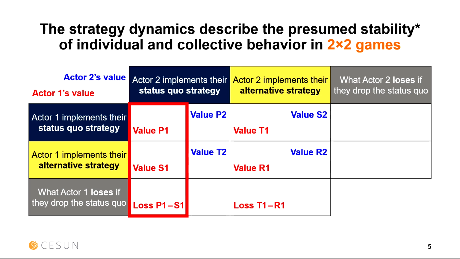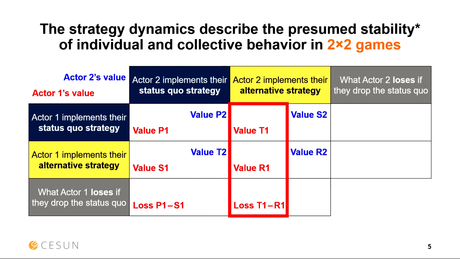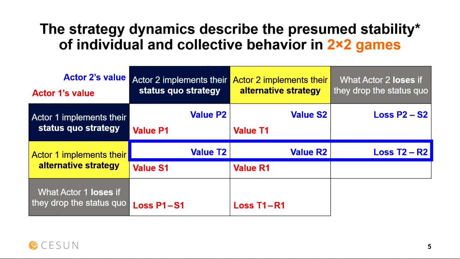For example, actor 1's deviation loss is P1 minus S1 when actor 2 plays the status quo strategy, and T1 minus R1 when actor 2 plays the alternative. Similarly, actor 2's deviation loss is either P2 minus S2 or T2 minus R2 when actor 1 plays the status quo or the alternative strategy, respectively.